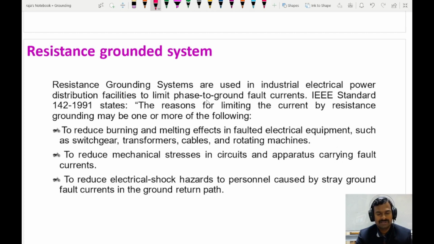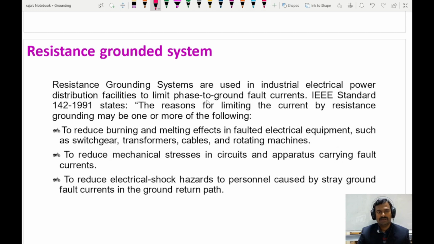This resistance value will determine whether it is a low resistance grounding system or a high resistance grounding system. Also it determines the amount of current which should flow in the fault condition. So how much current would be allowed during the fault condition? Based on that you would select either a low resistance system or a high resistance system.